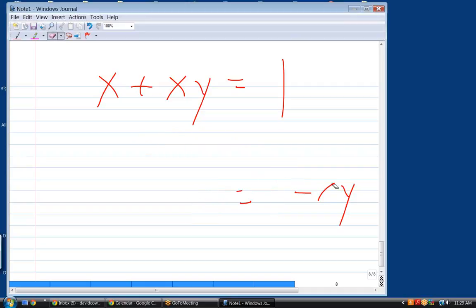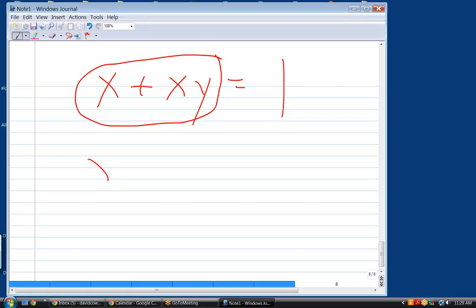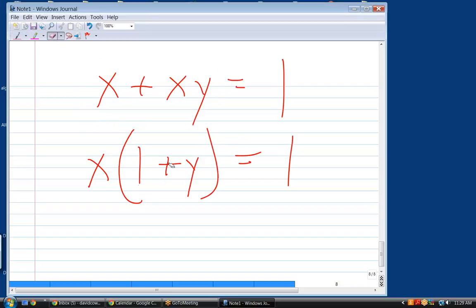However, let's go back and do something. Let's factor out an x. Let's change this expression to x times 1 plus y. You see how that's true? Go backwards. In other words, start from here, multiply these two together, and you get this.